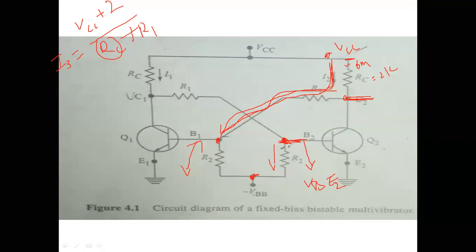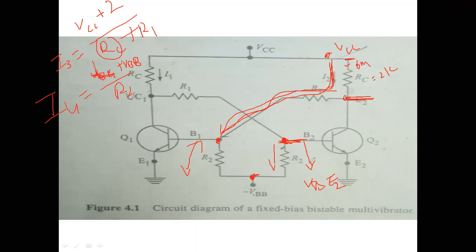Therefore, this current I4 is nothing but we can take VBE2, or otherwise VBE sat, minus, it may be plus VBB, divided by R2. Here also this voltage we had assumed as 0.